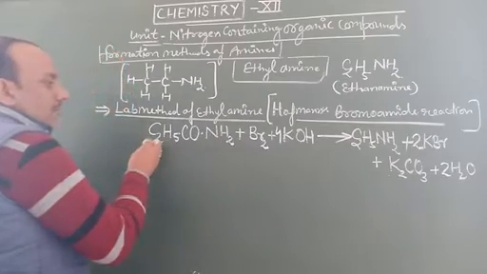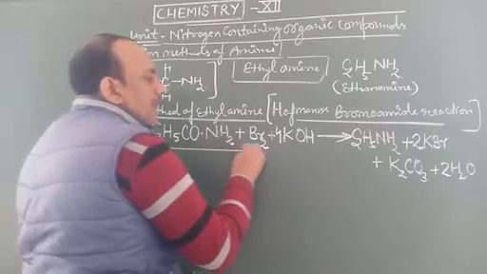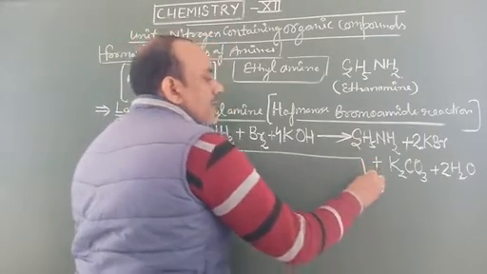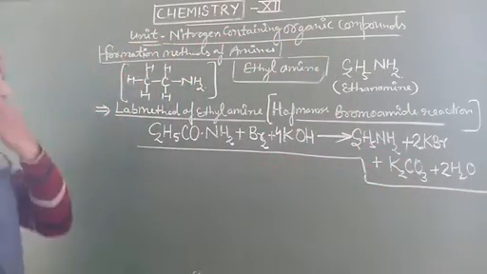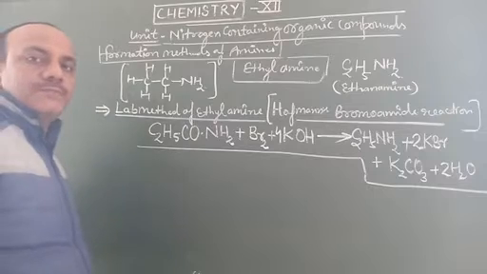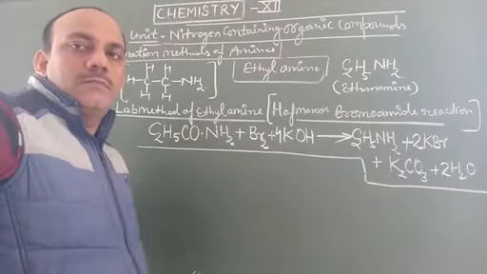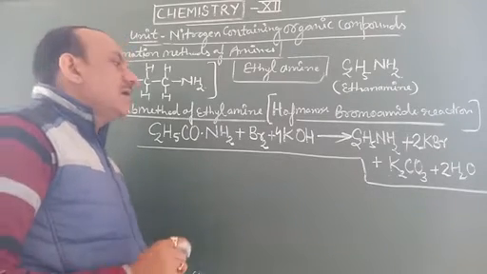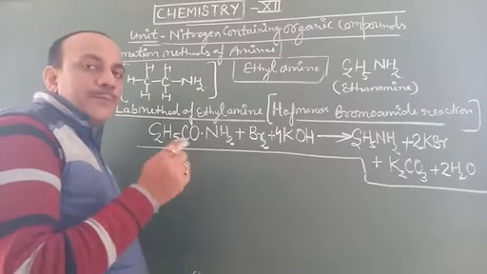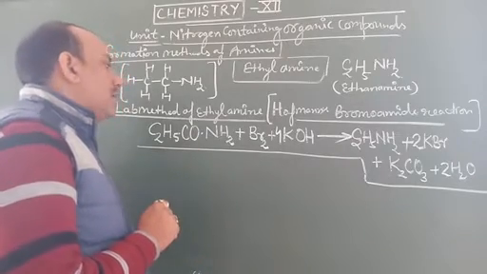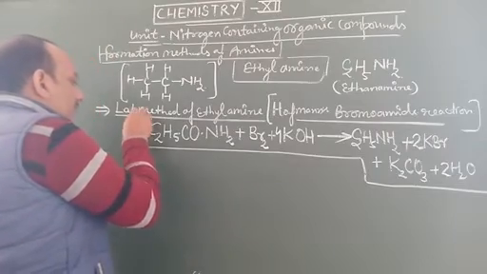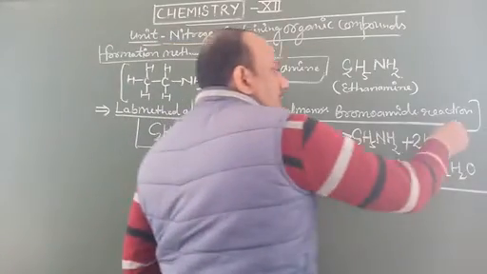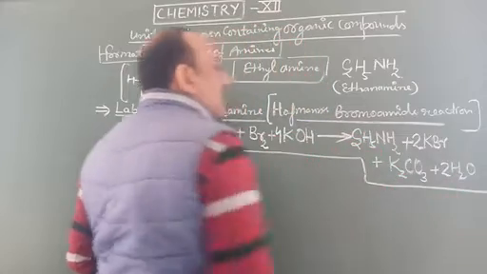This reaction is known as Hoffman bromide reaction or also called Hoffman's bromoamide reaction. It is also known as Hoffman hypobromite reaction. It is completed in multiple steps, but we provide this reaction in a single step.